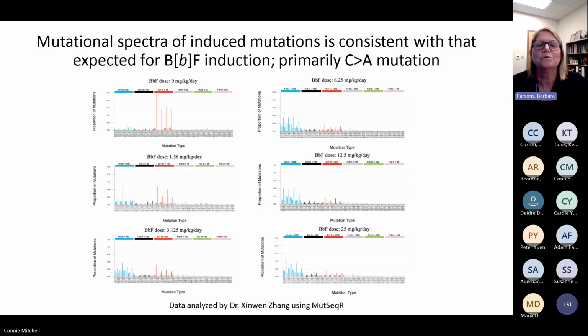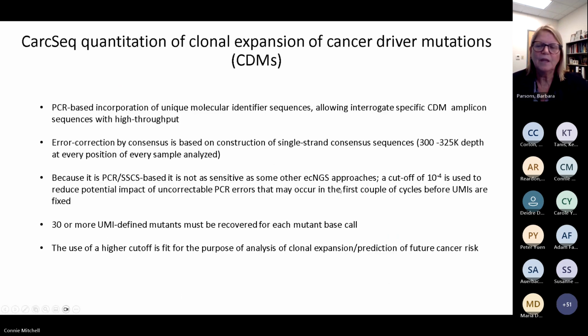But what it shows is that there is significant induction of primarily C to A mutation, which fits what is expected for a PAH. Next slide, please. And I believe Stephanie's on the call, so if I get anything wrong, she can correct me.